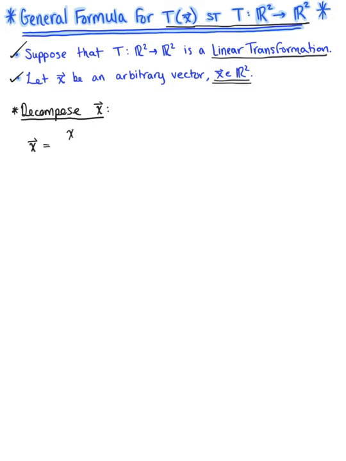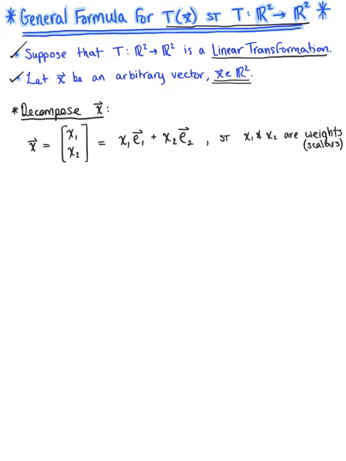So this vector has two entries, x sub 1, x sub 2. And we know now that an equivalent way to write this is as a linear combination of the elementary vectors. So we have that weight, x sub 1, multiplied by the elementary vector e sub 1, plus our weight, x sub 2, multiplied by the elementary vector e sub 2.